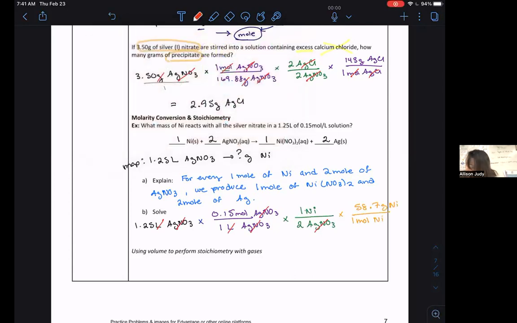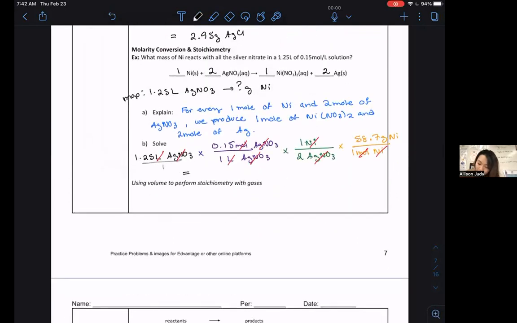That gives me my final answer in grams of nickel. I pretend this is over 1, so I multiply all my numerators across: 1.25 times 0.15 times 1 times 58.7, divided by 1 times 1 times 2 times 1.